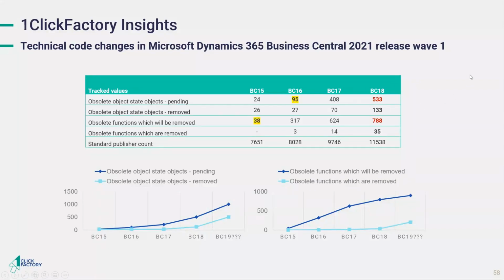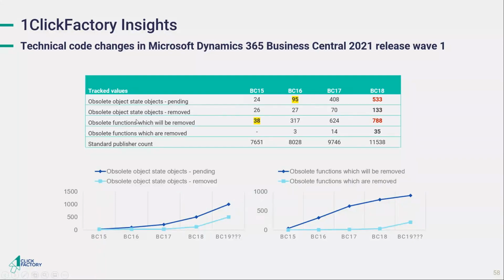And we see that in the obsolete state objects, they are making this possible. So 195 objects were obsolete state pending in Business Central 16, and in Business Central 18, they removed 100 objects were modified as removed. And you see it is like a trend that Microsoft is keeping.